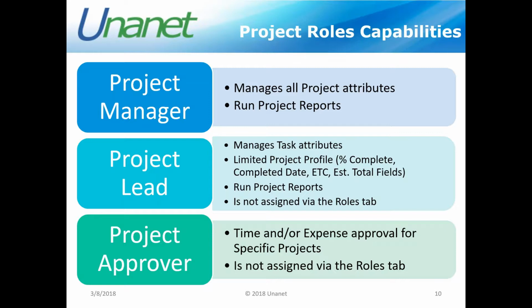It's the same for the project approver. This is not assigned via the Roles tab at all. You would have to go specifically into a project under the project administrators and name the person distinctly there.